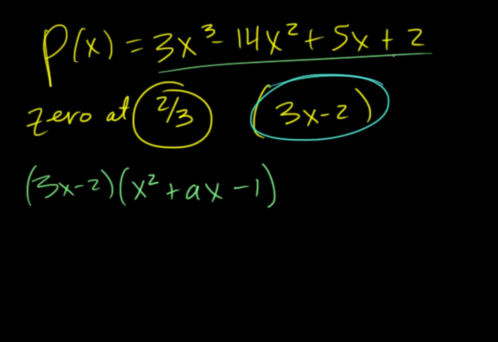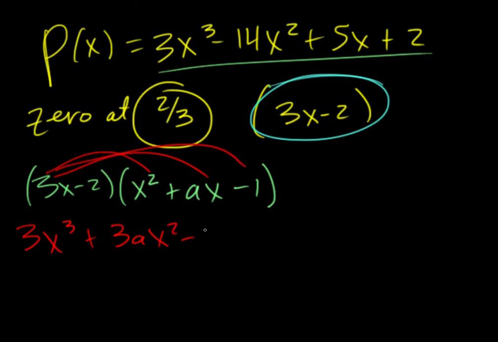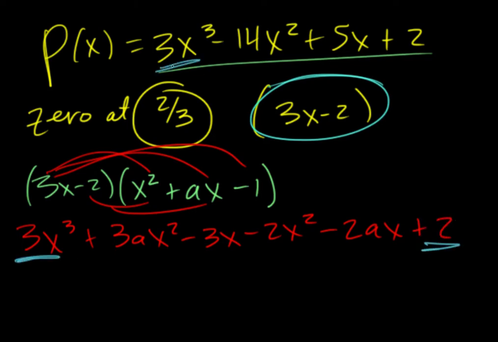And so what we need to do is multiply this out. So we're going to get 3x cubed plus 3ax squared minus 3x minus 2x squared minus 2ax and then plus 2. So we double check to make sure that these lined up with these, so that's good.